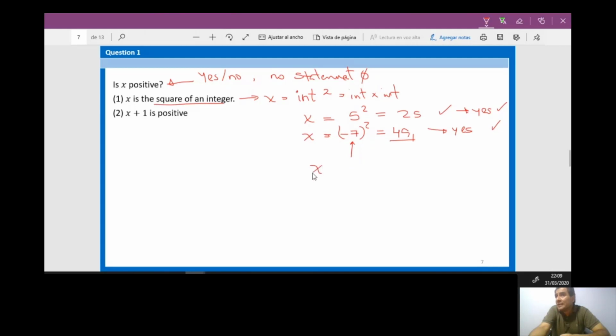What happens when x becomes, yes, Kathy, very good, when x becomes the square of number 0? When you have 0 up to 2, that means 0 times 0, and that gives 0 as a result.